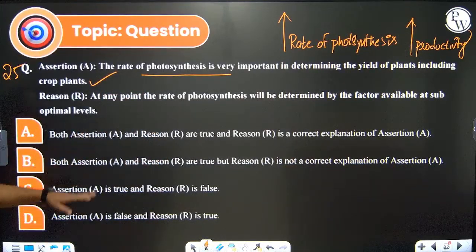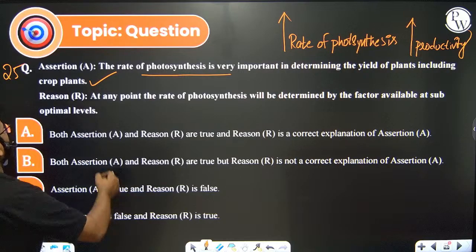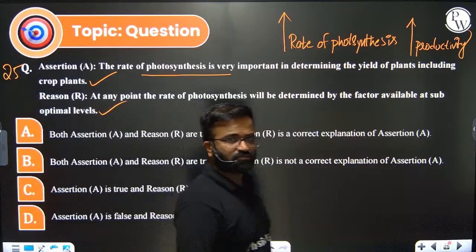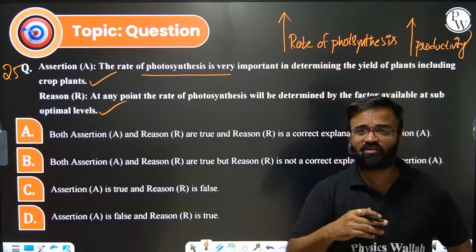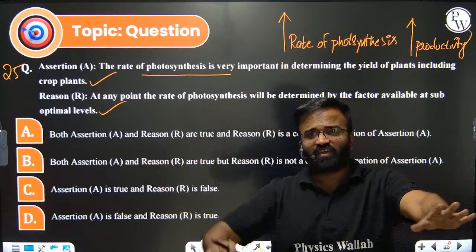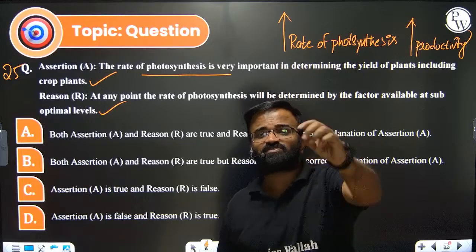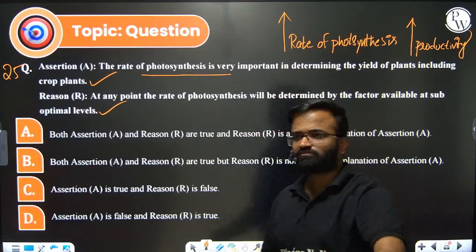Next, the reason: at any point the rate of photosynthesis will be determined by the factor available at suboptimal levels. Do you know the law of limiting factor? It says that for any process, the rate will be determined by the factor that is present in the least amount.